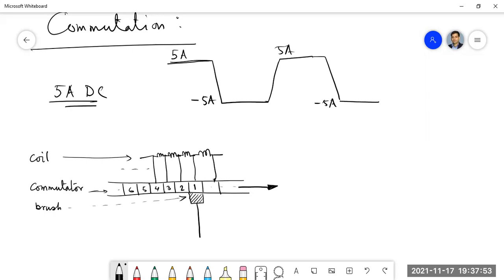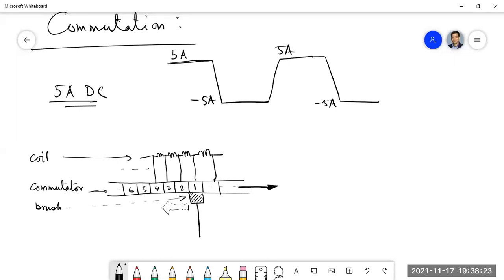That means 1, 2, 3. So that is the relative movement of the brush with respect to the commutator, isn't it? So after some time, the brush will be in contact with both 1 and 2, isn't it?